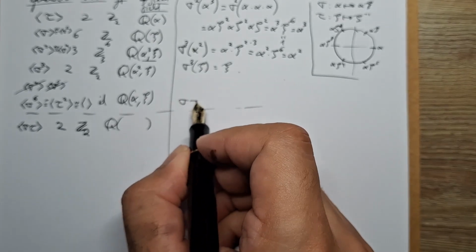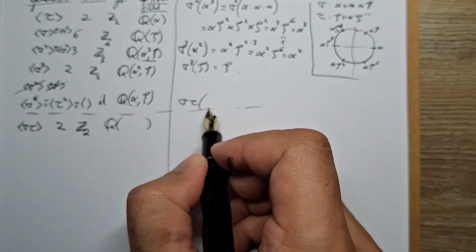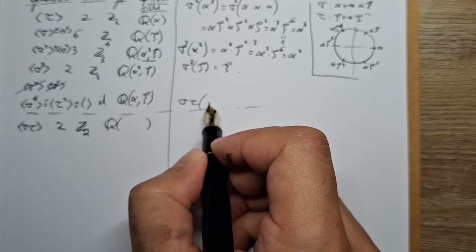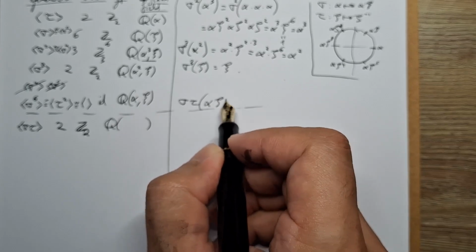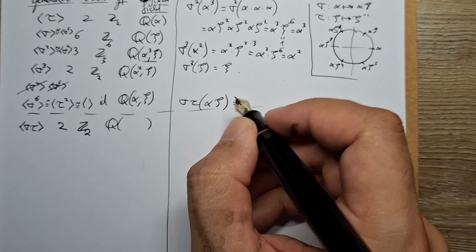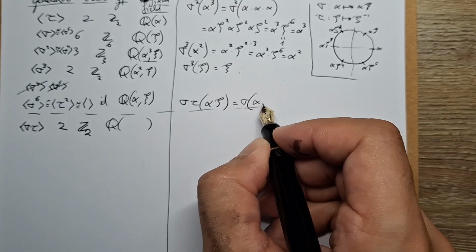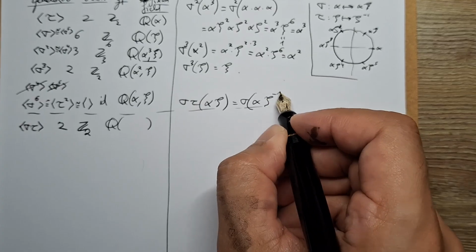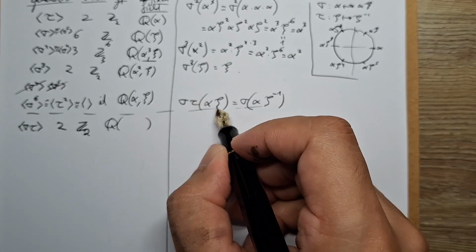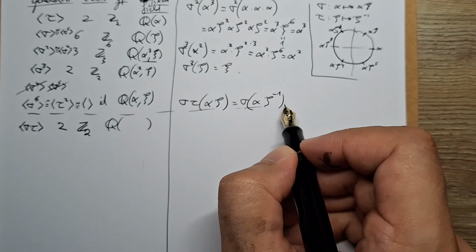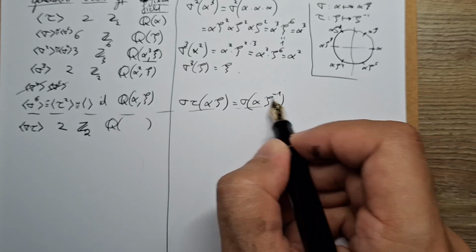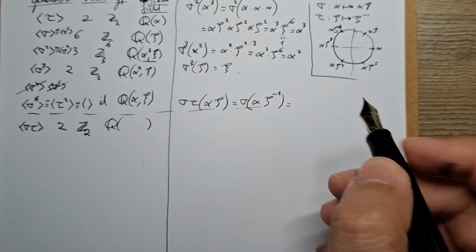So let's apply tau sigma to, for example, alpha theta. First, we apply tau. So this is sigma of alpha theta to the power of -1, because we applied tau here. And now we apply sigma here.